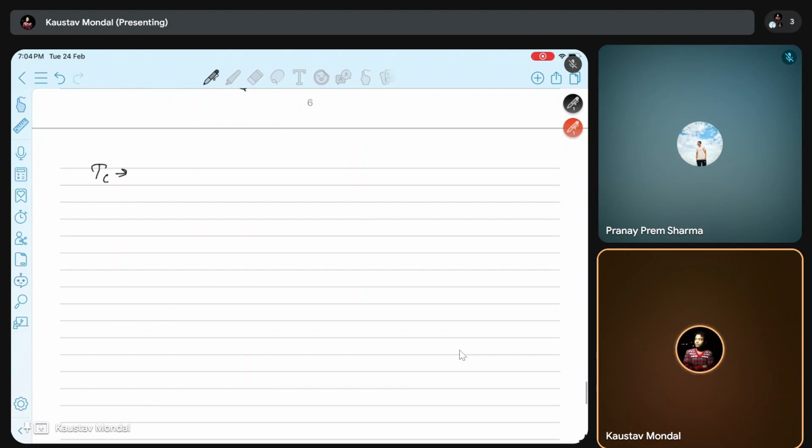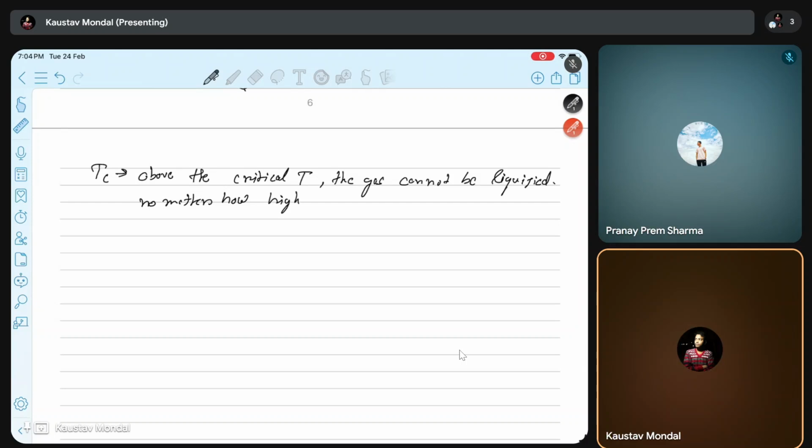Tc is the critical temperature above which a gas cannot be liquefied no matter how high the pressure is.